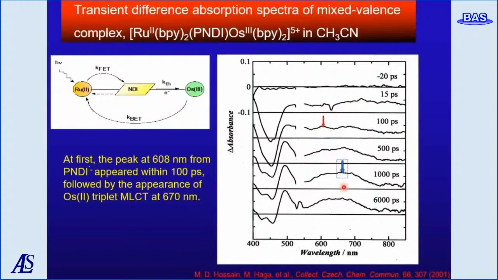After that, the absorption at 650 nanometers increased. This spectral change can be interpreted as a photoelectron transfer from ruthenium to NDI, which leads to the electron transfer shift to the osmium(III). In other words, it indicates the charge separation state is long-lived.